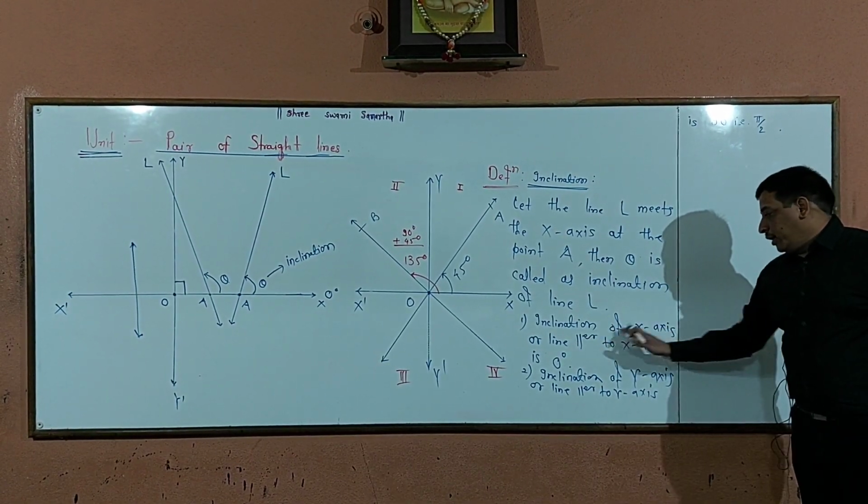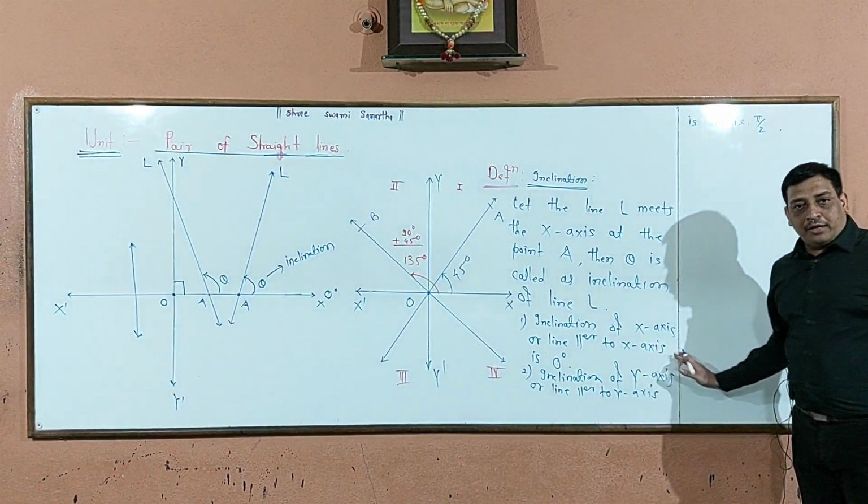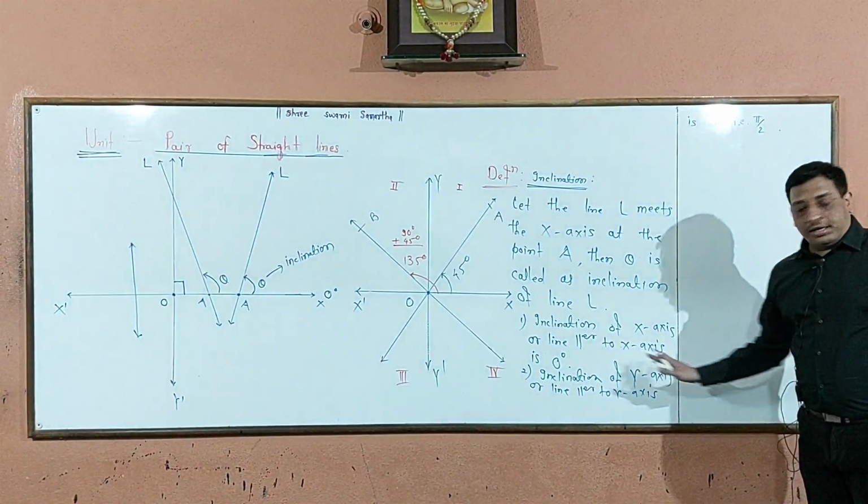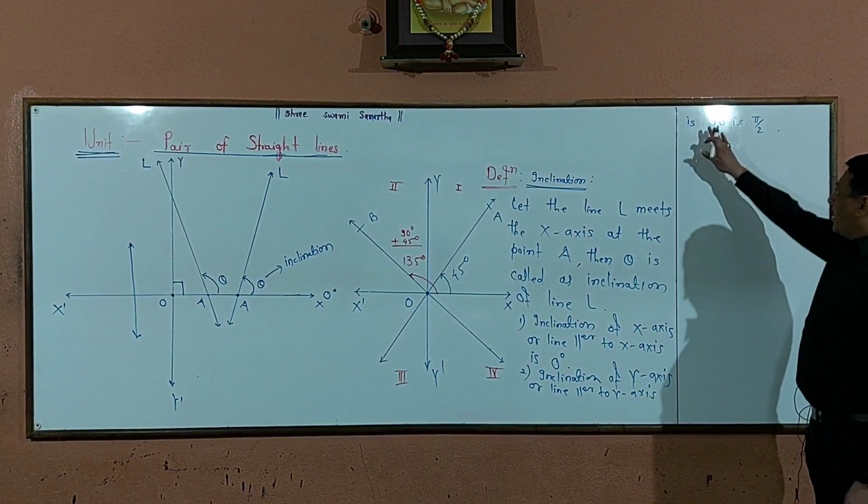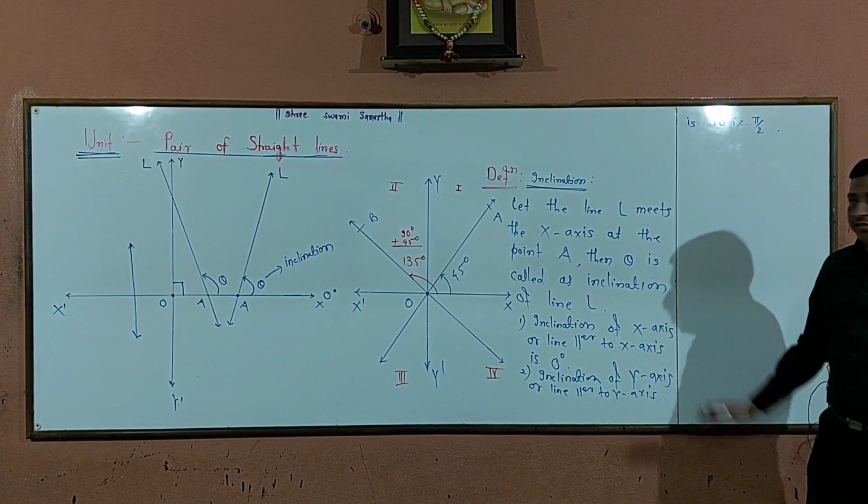So first point, the inclination of the x-axis or a line parallel to the x-axis is 0 degree. The inclination of the y-axis or a line parallel to the y-axis is 90 degree, that is pi by 2.